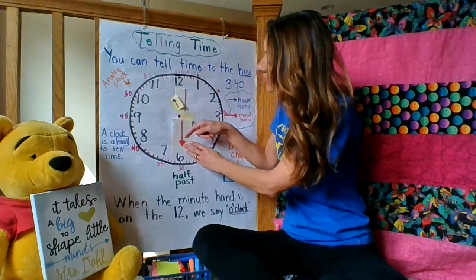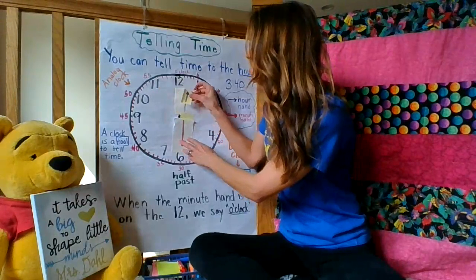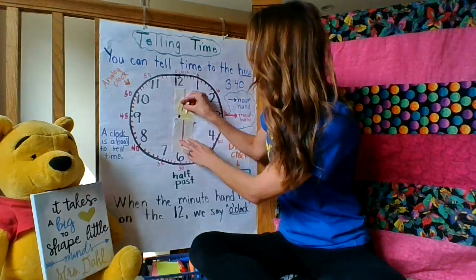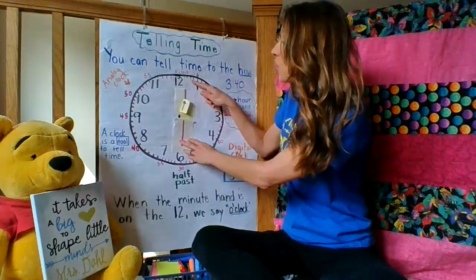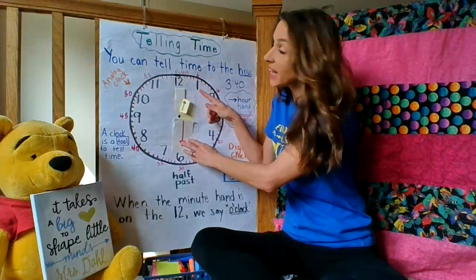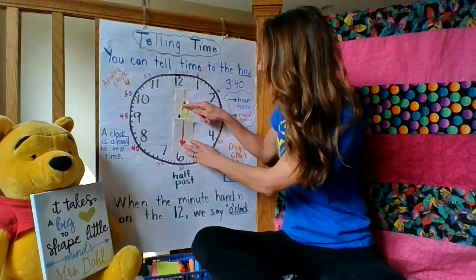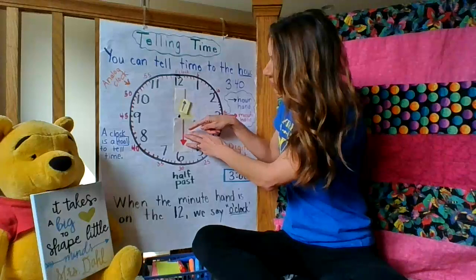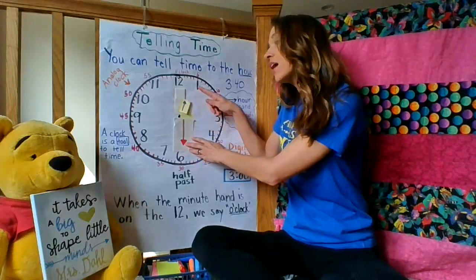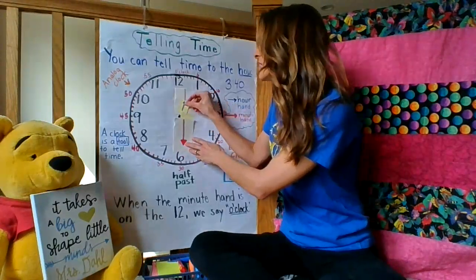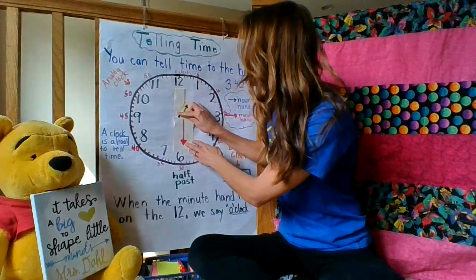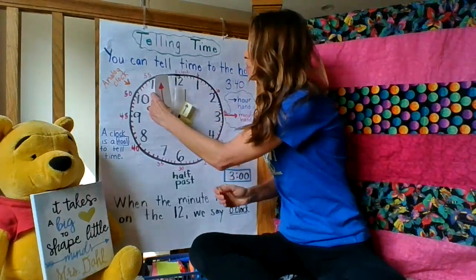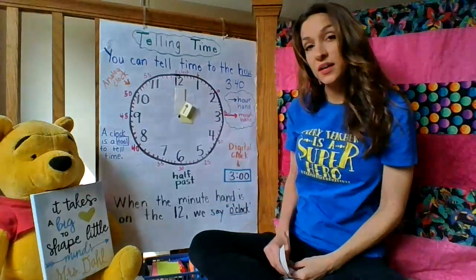It is 11:30. So if it were doing that at 12, look at that. It's almost to the 1, but it's not yet. It's 12:30, but it's not 1 o'clock yet. This needs to be all the way pointing to the 1 and up to the 12 for 1 o'clock.